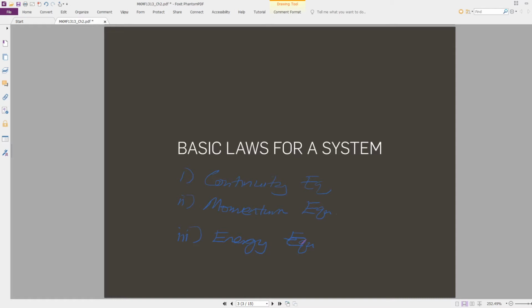So for this particular problem, the energy equation has to be included as well in our analysis.